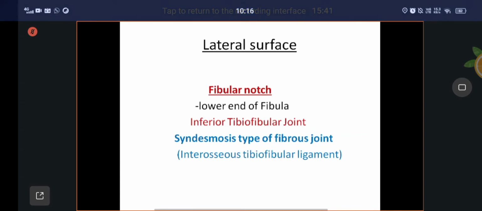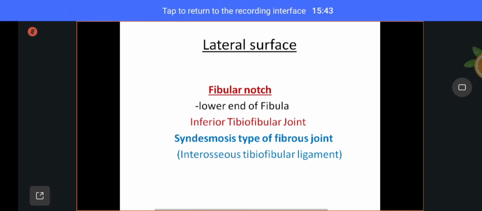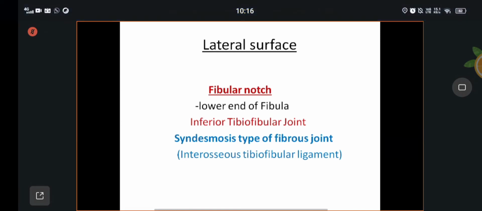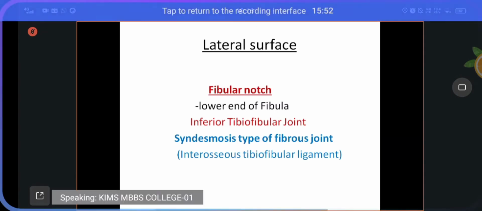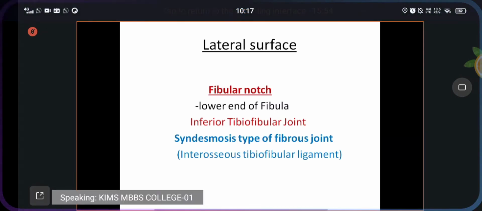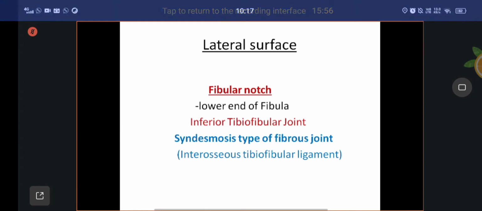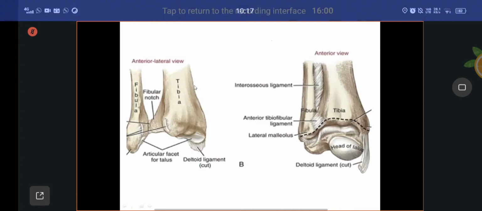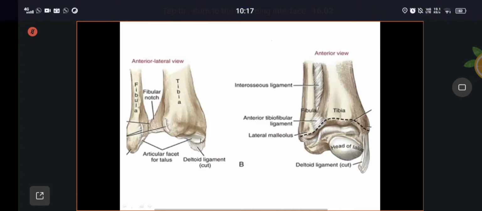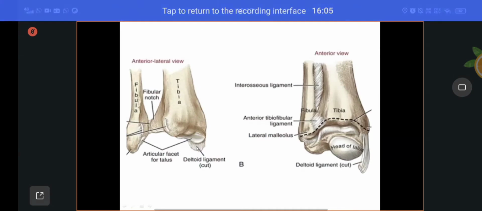The inferior tibiofibular joint is the classical example of syndesmosis type of fibrous joint because these two parts are united by a ligament called the interosseous tibiofibular ligament. If any two bones are united by fibrous tissue, those types of joints are syndesmosis type of fibrous joint.